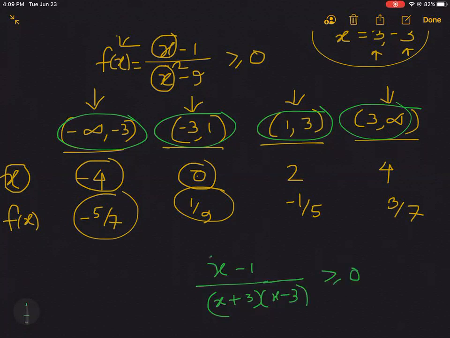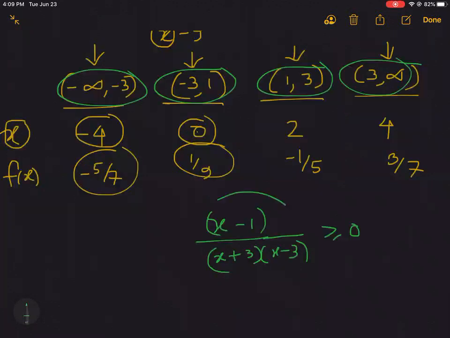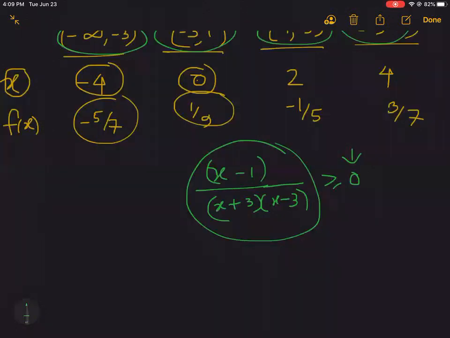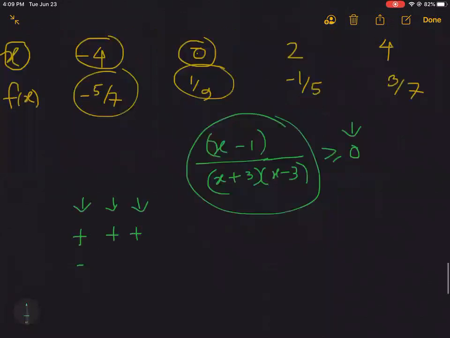If the entire value is 0 or more, that means non-negative. That means either all 3 will be positive, or if you have a negative value, 2 of these will be negative and the other one will be positive.